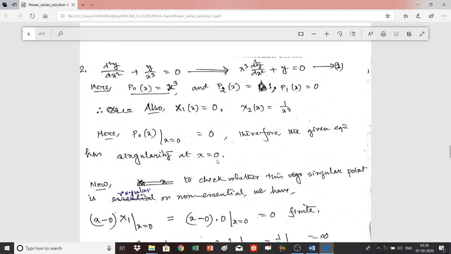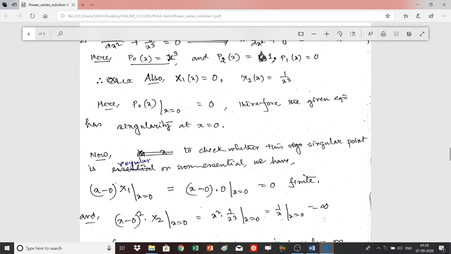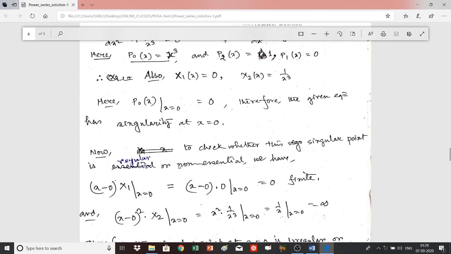So to express this equation in power series method, we now have to check whether the point x equal to 0 is a regular singular or non-essential singular point, or an irregular singular or essential singular point. So which kind of singular point is this? We have now to find out.